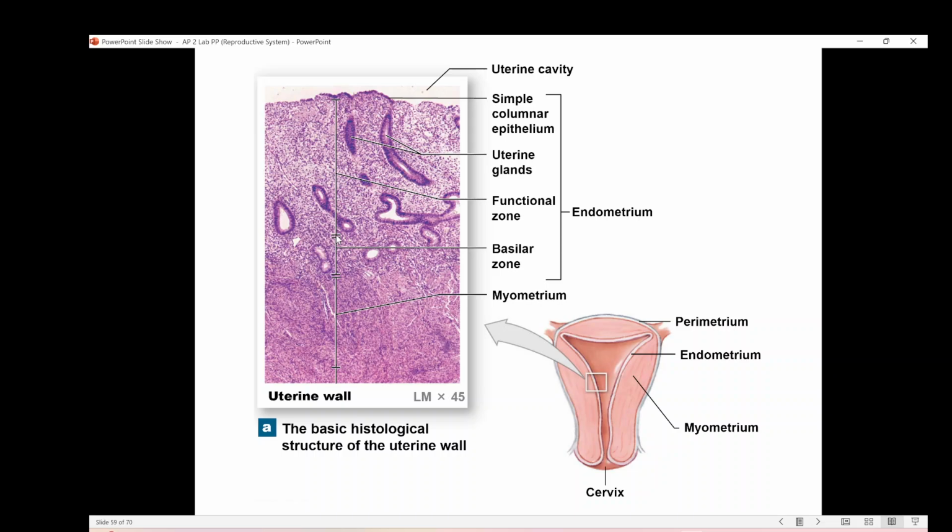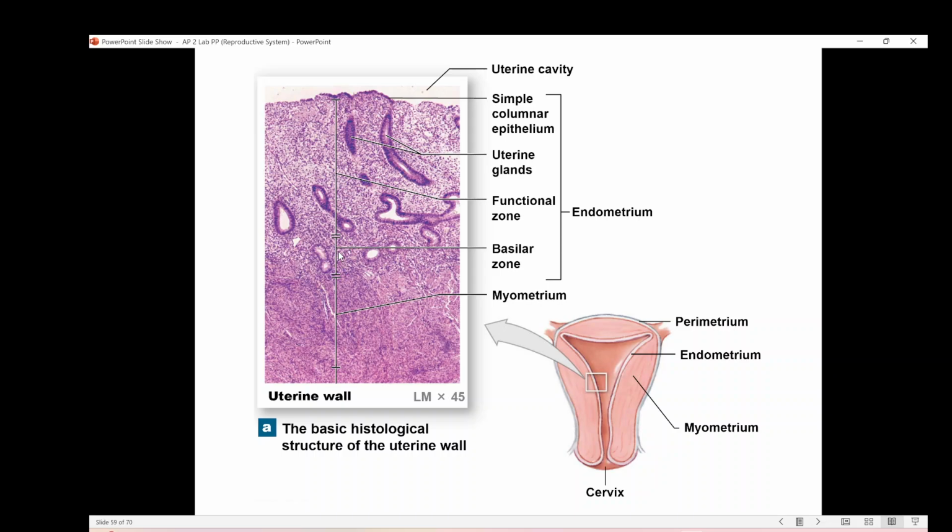From this little line here up, this is what we call the functional layer or functional zone. When I went to school, we learned it as the stratum functionalis. And then here's the basilar zone, or the stratum basalis. So here's the difference. They both are part of the endometrium, except this top part here, the functional zone, is the part that sloughs off each month during menstruation if there is no pregnancy.